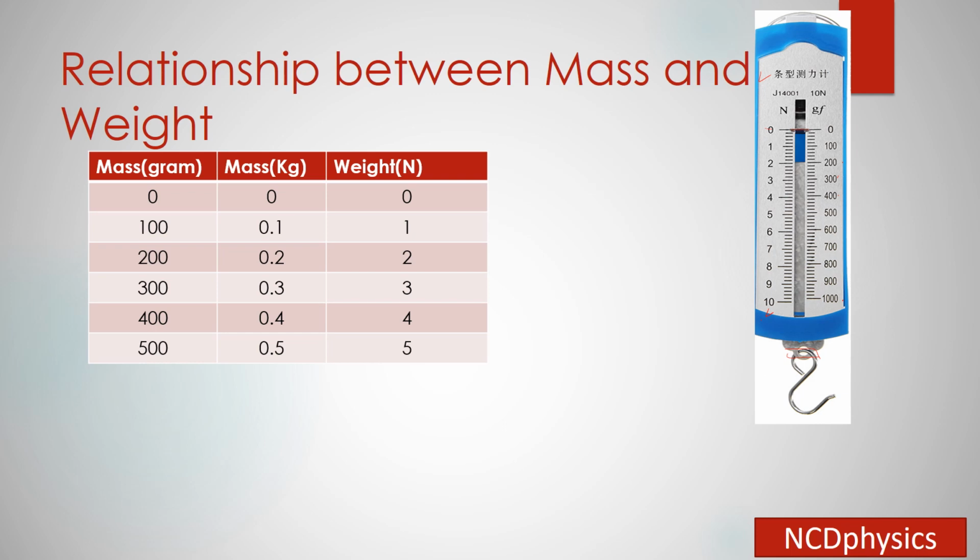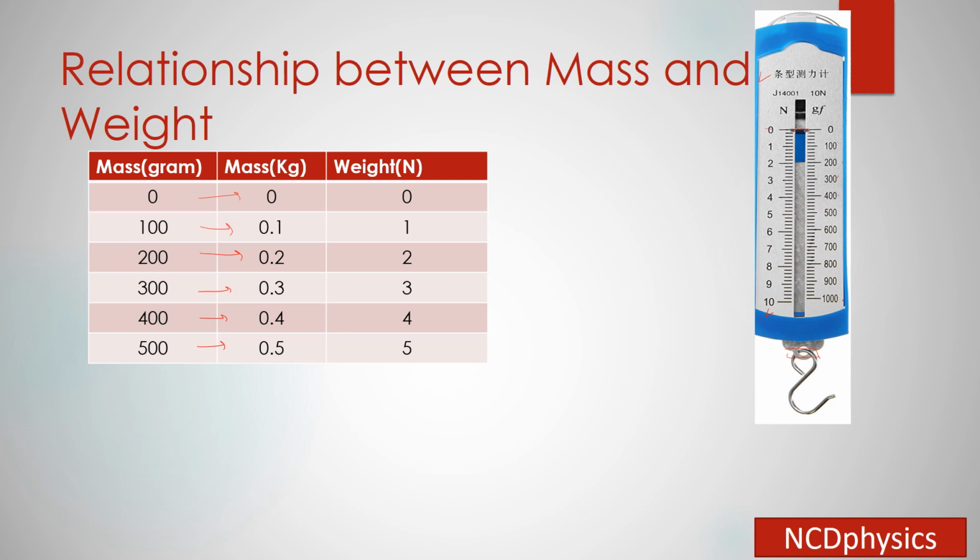So let's do the experiment. I have standard masses, and I convert the masses to kilograms: 100 gram is equal to 0.1 kilogram, 200 gram is equal to 0.2 kilogram, 300 gram is equal to 0.3 kilogram, 400 gram is equal to 0.4 kilogram, and 500 gram is equal to 0.5 kilogram.